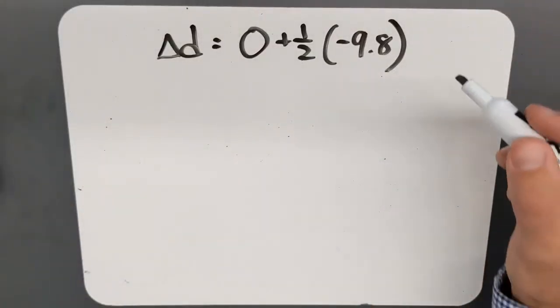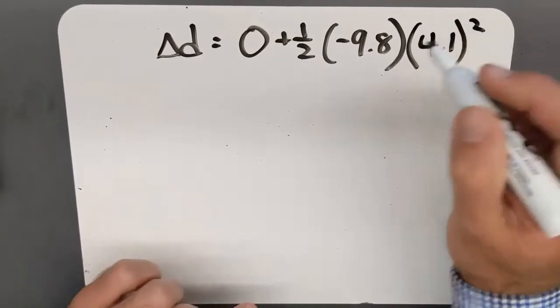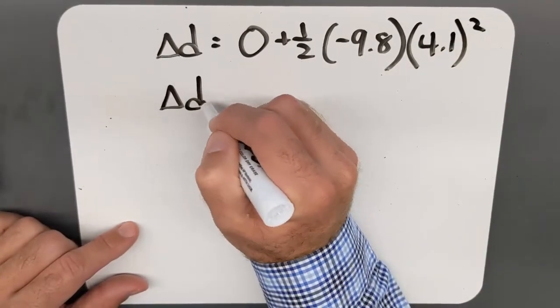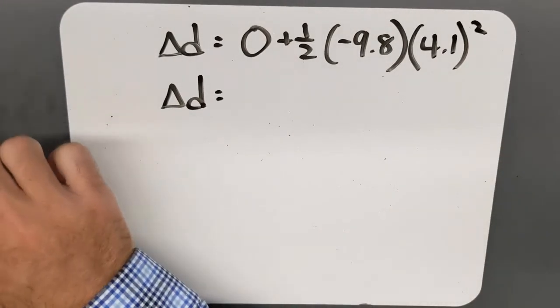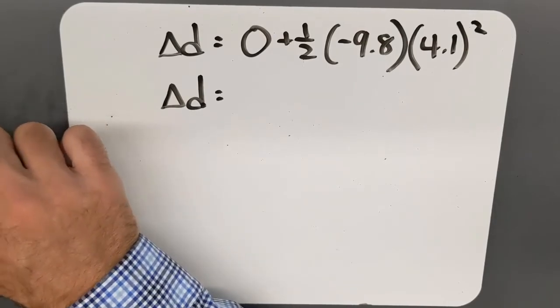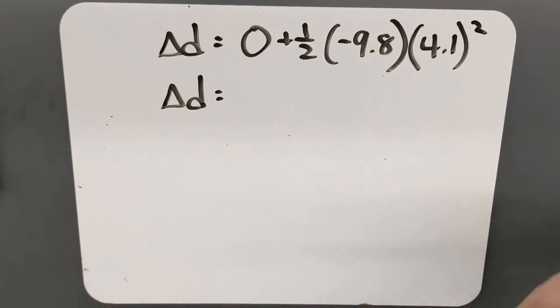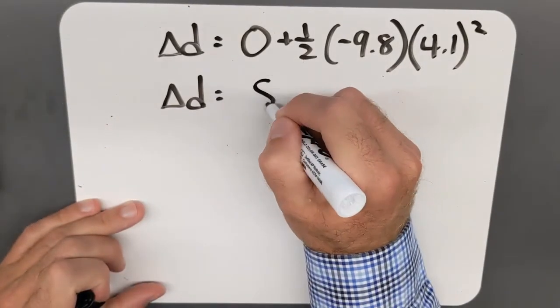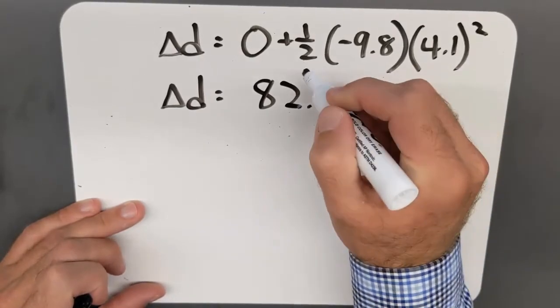Notice it's very visual. I'm looking back at things. I'm not trying to keep it all in my head, even though I can, because I'm really smart, but I don't need to. I put other things in my head. So I got negative 9.8 divided by 2 times 4.1 squared gives me negative 82, but then I'm just going to drop that negative and know that it went up that high.